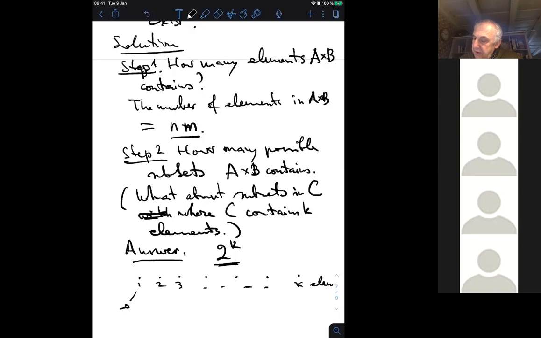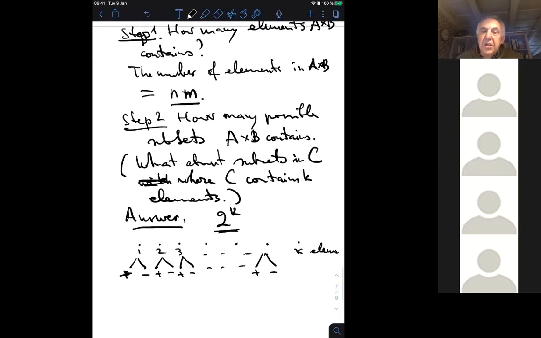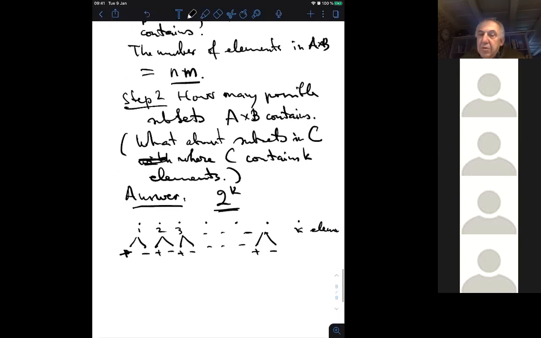Plus if we take it, minus if we don't take it. So to choose an arbitrary subset means to choose a collection of signs, either plus or minus, for each position of K. Well, so how many combinations of pluses and minuses do we have?